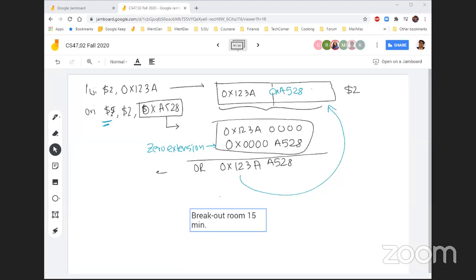Edward, I just moved you to room number 9, your original room. Richard, is there any reason that you didn't join your breakout room? Richard?